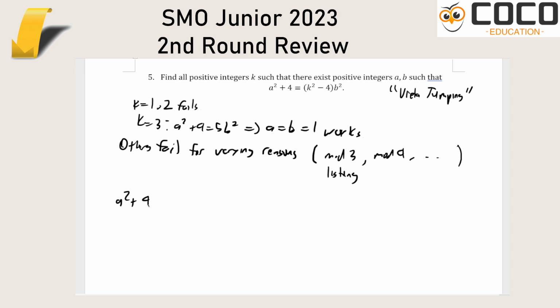So a squared plus 4 is equal to k squared b squared minus 4b squared. I'm thinking that potentially an issue is that we have got a lot of squares here, right? All these things, a squared, k squared b squared, 4b squared, and 4 are all squares. But I'm thinking that maybe if I were to just look at one of these here, is it possible that you are going to have an expression which is just a bit more than a square and hasn't yet reached the next square?